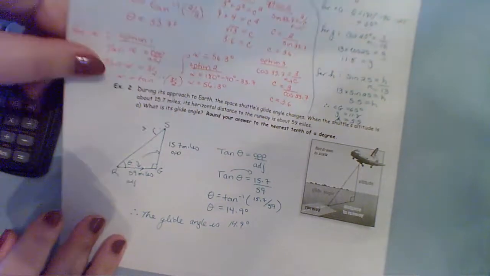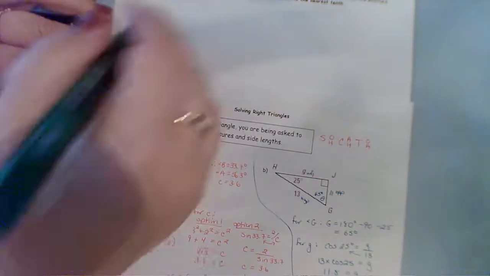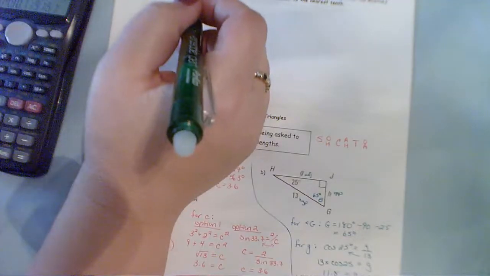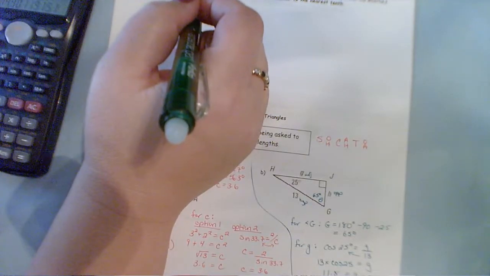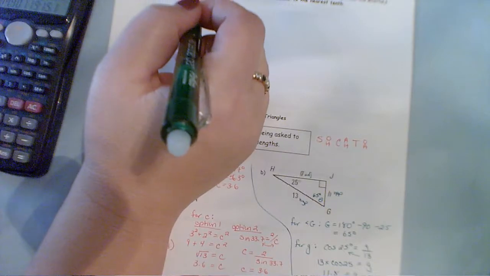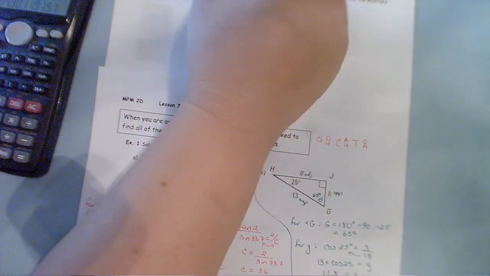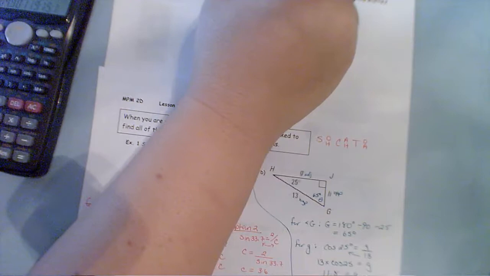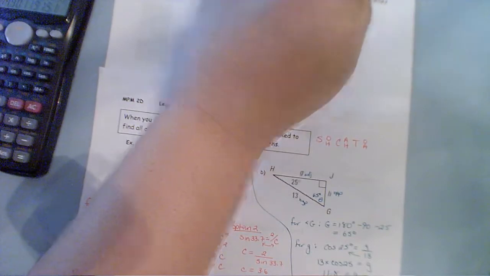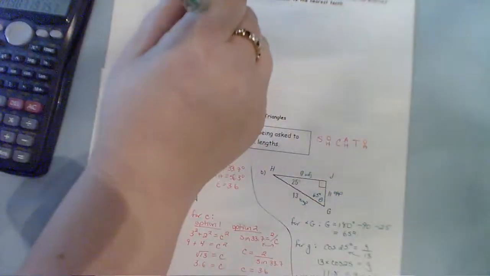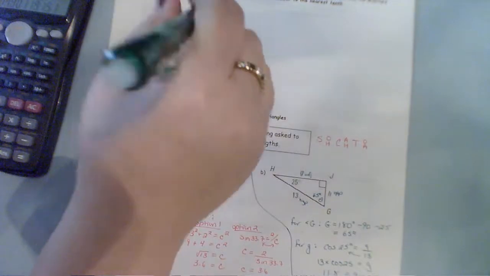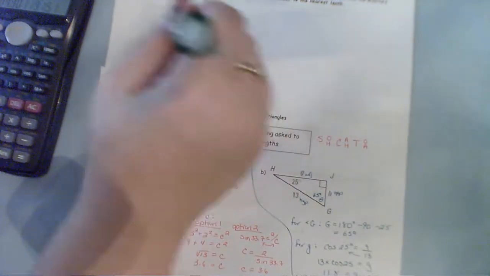All right, there's another part. When the space shuttle is 5 miles from the runway, its glide angle is 19 degrees. So that means horizontally, I'm assuming, because that's the way it was referring to it. It should have specified. So again, situation: shuttle, ground, runway.